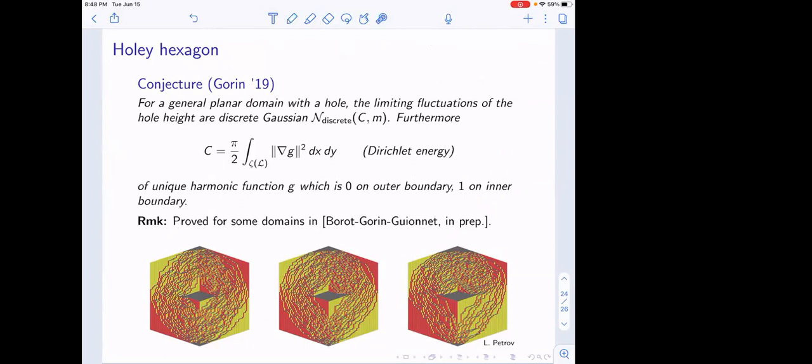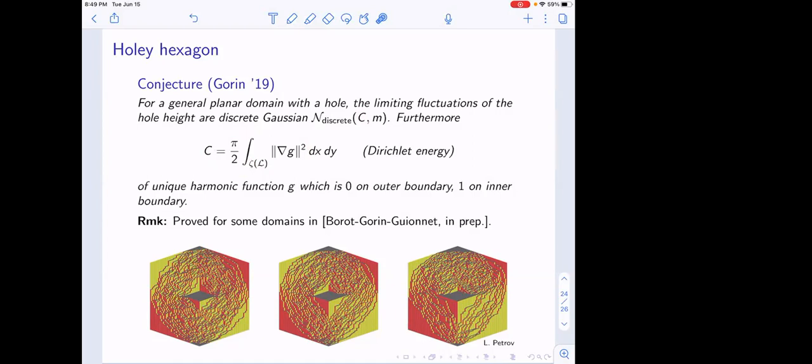And furthermore, the C parameter is given by a Dirichlet energy in the Kenyon-Okounkov conformal structure. So zeta here, recall, is a conformal structure in which fluctuations should converge to the Gaussian free field.